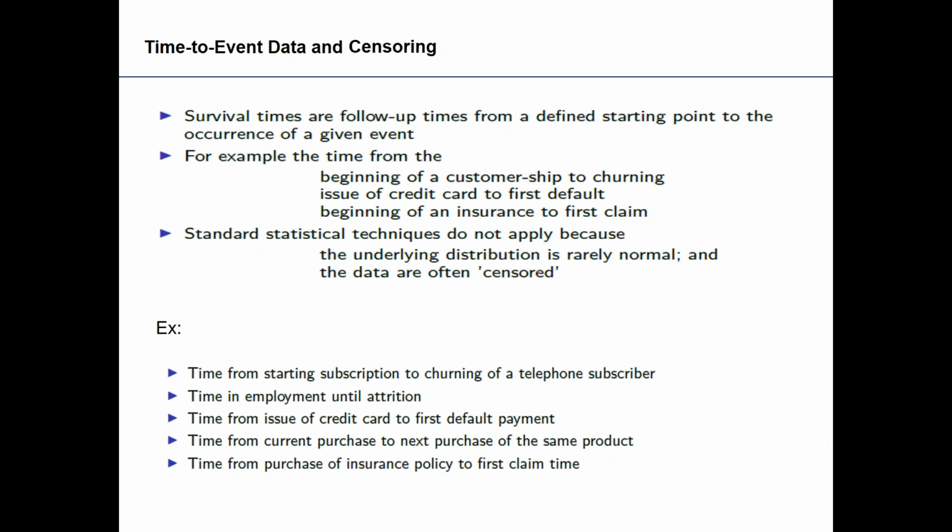So we will not be able to apply standard statistical techniques. Another condition that we have is called censoring. This is one of the reasons why we cannot apply basic statistical logic that we have learned.